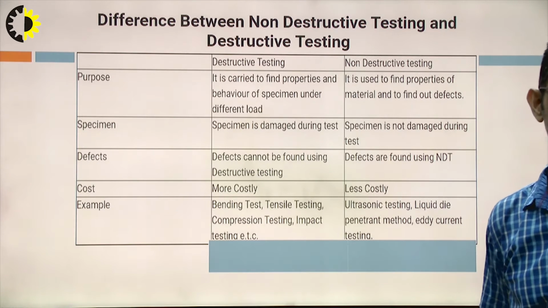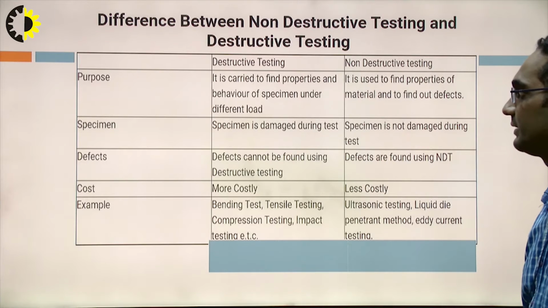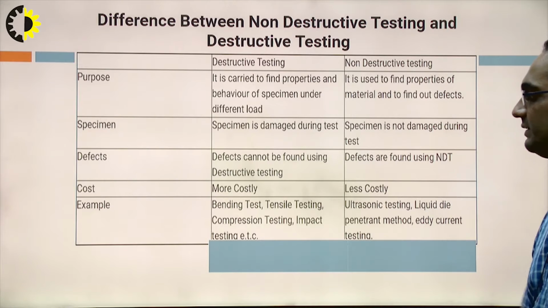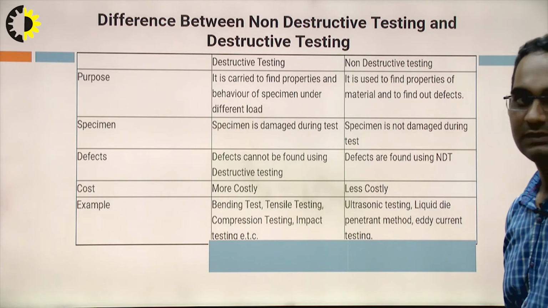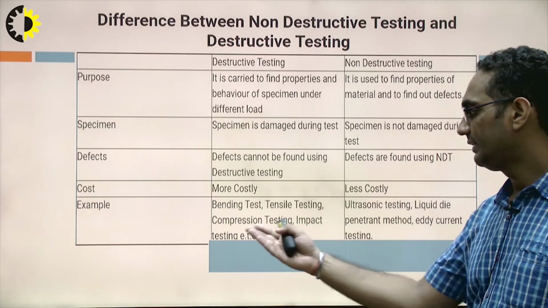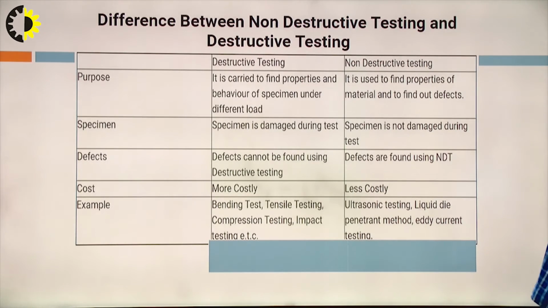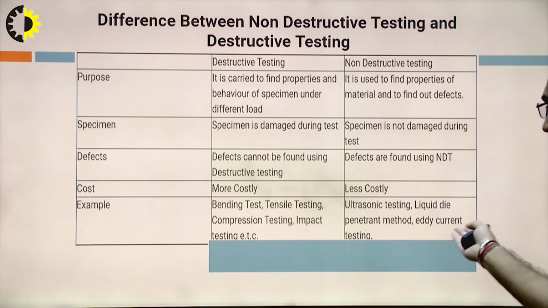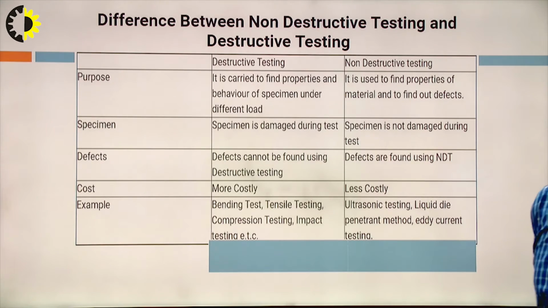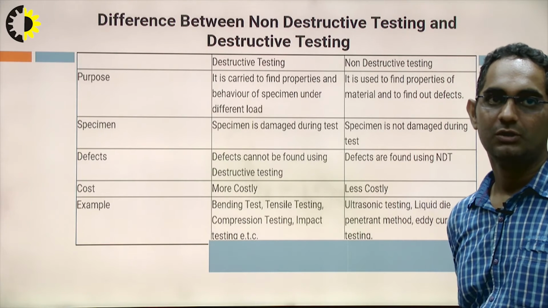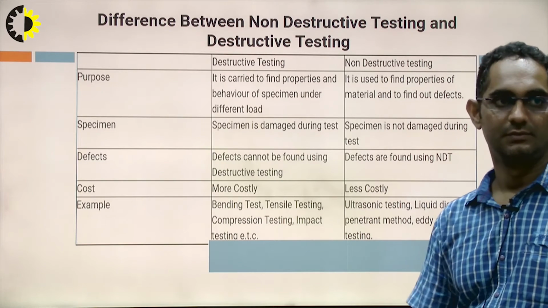Examples of destructive testings are the bending test, which we have discussed earlier, tensile testing, compression testing, impact testing, etc. And non-destructive testings are like ultrasonic testing, liquid dye penetrant method, eddy current testing. So these are the different non-destructive testings.